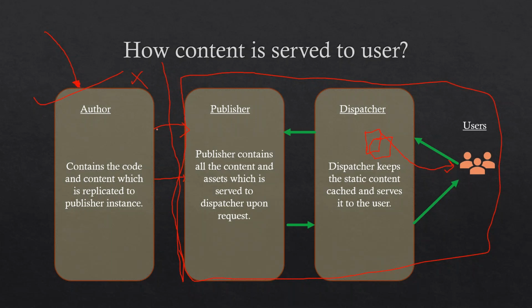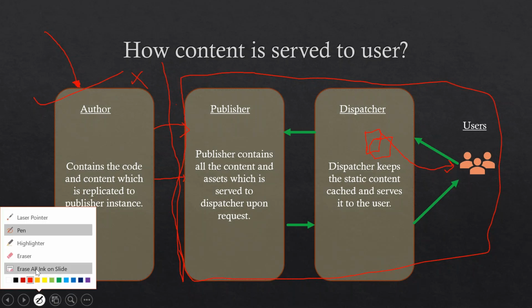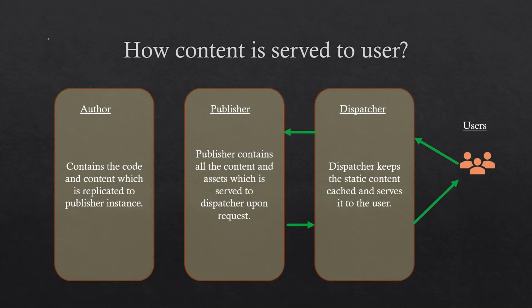Inside this, you have something called replication agents. The pipeline will push the data over here. Replication agents basically act as an agent to pass the data between these two.